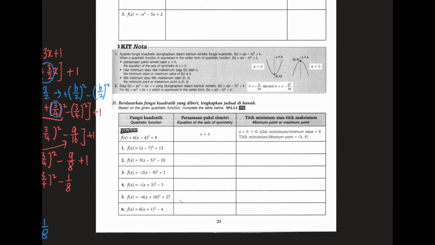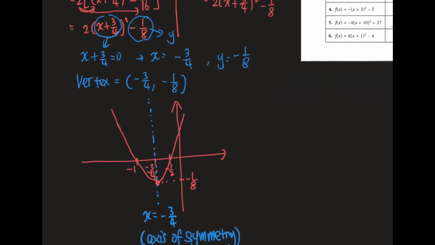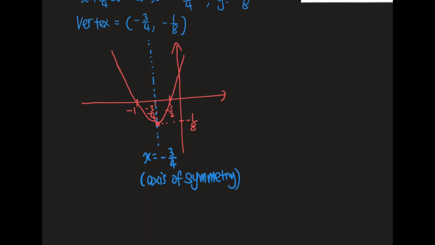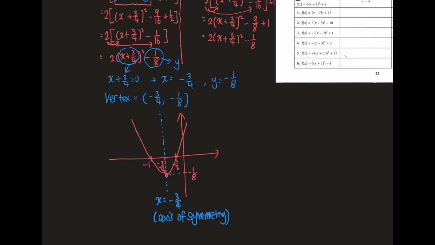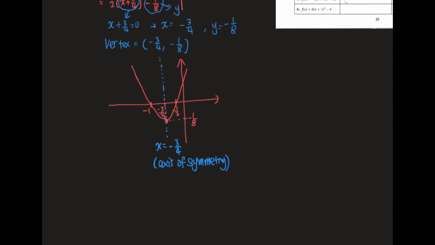For our case here, okay, so as you can see, the y is negative 1 over 8. Our graph is a happy face graph because a is greater than 0 basically. Our a is 2. Okay, so we have a minimum value. So the minimum value is the y coordinate, negative 1 over 8. Okay, so minimum value equal to -1/8.